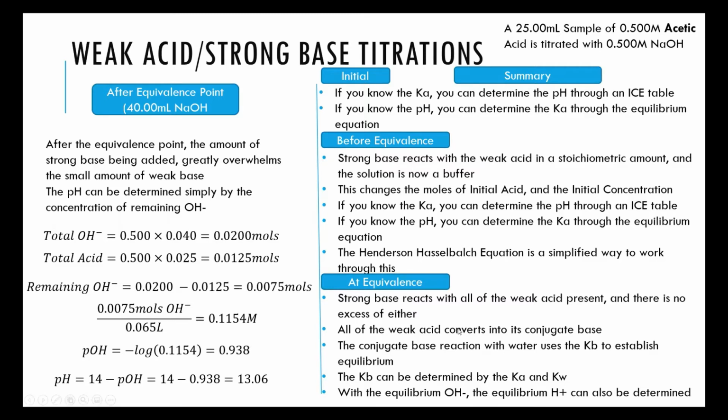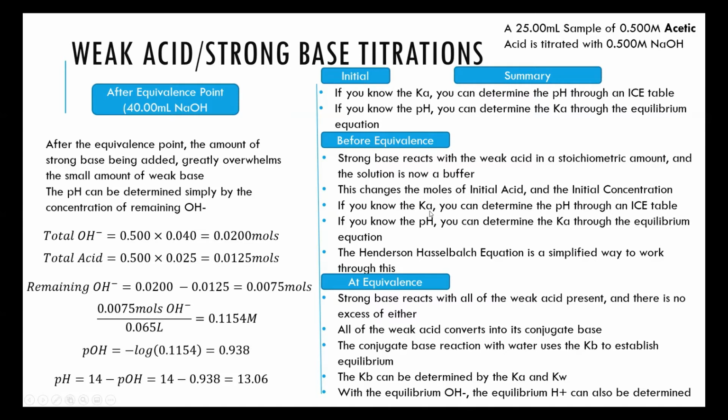Before the equivalence point, a strong base will react with the weak acid in a stoichiometric amount and become a buffer. And you can solve for the change in those moles. How many moles of acid reacted, and that's how many moles of conjugate base there now are. With those new starting moles of acid and moles of base and a new volume, you can solve for the concentrations and work through an ice table.